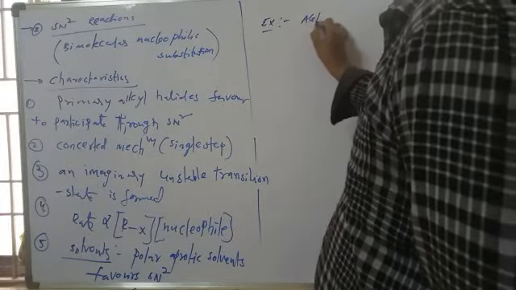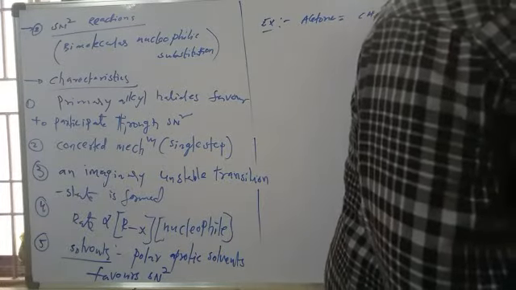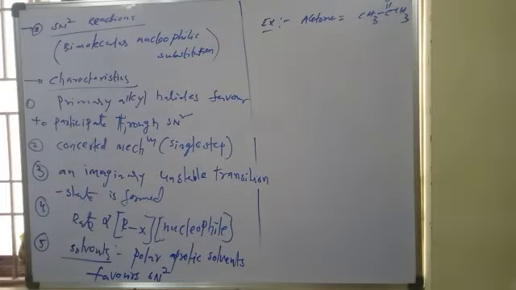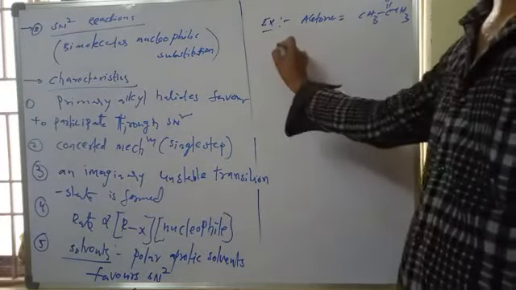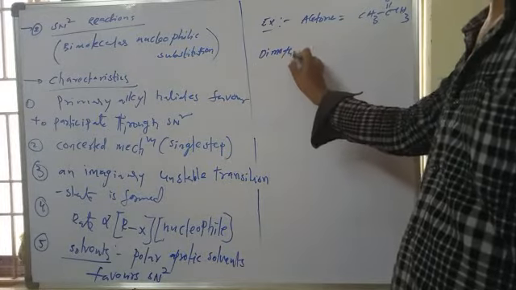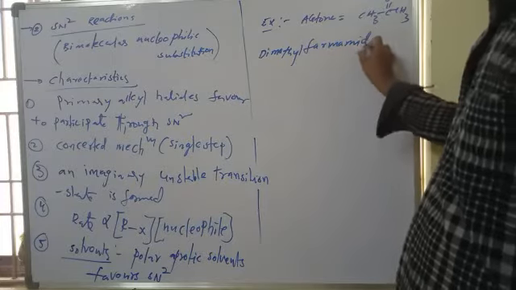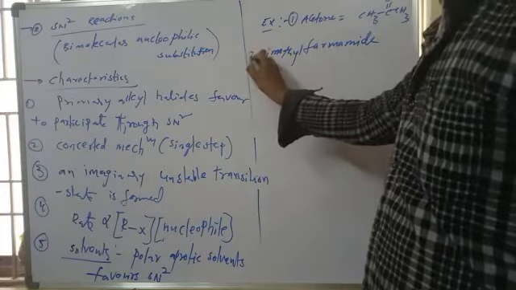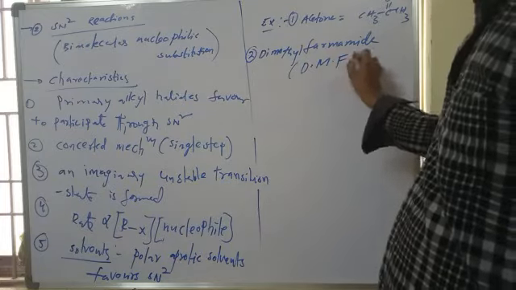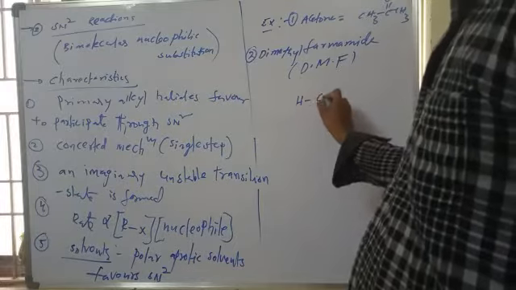Polar aprotic solvents, examples: number 1, acetone, that is CH3-C=O-CH3. Number 2, dimethyl formamide, also called DMF.